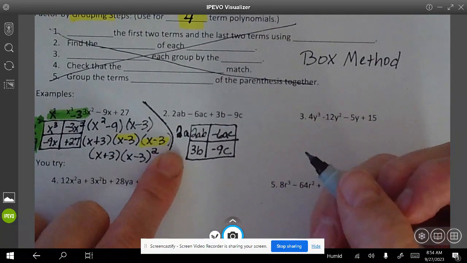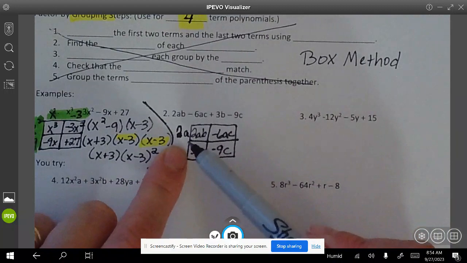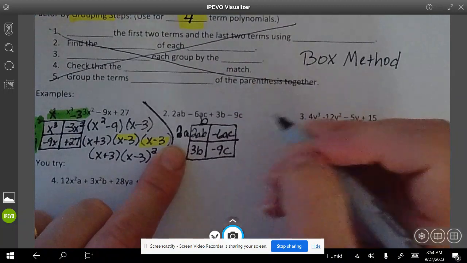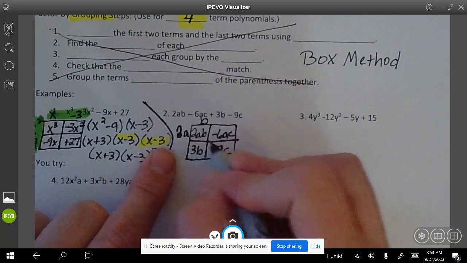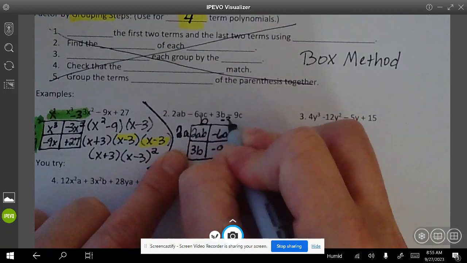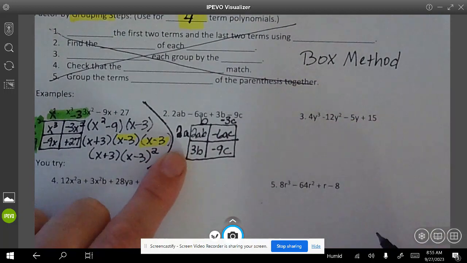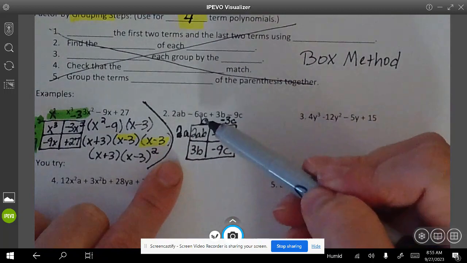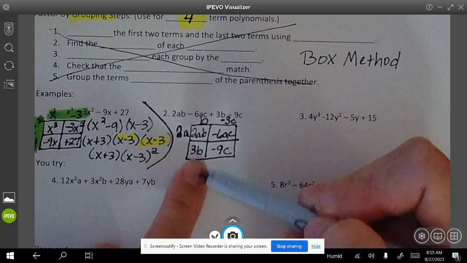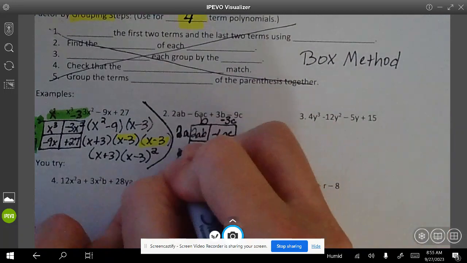Then you start your multiplying, asking yourself, what do I multiply by 2a to get 2ab? Well, that is b. What do I multiply by 2a to get negative 6ac? That is negative 3c. Then you're going to switch to the b because you're trying to get this 3b down here. b times what is 3b? Well, that's 3.